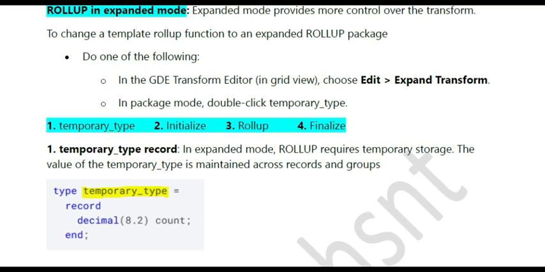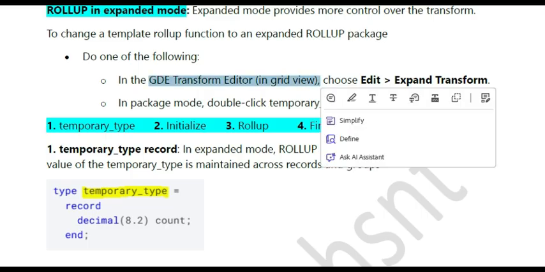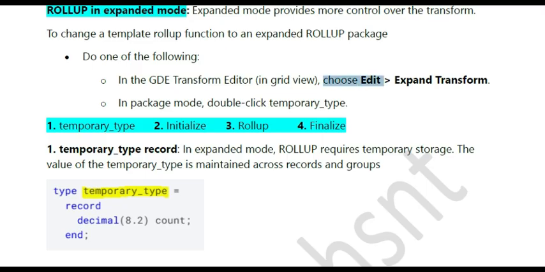Next we have an example of expanded mode. To switch from template to expanded mode, you have to go to the GDE transform editor. There you have the Edit option. If you choose the Edit option, you just have to click on the package mode.